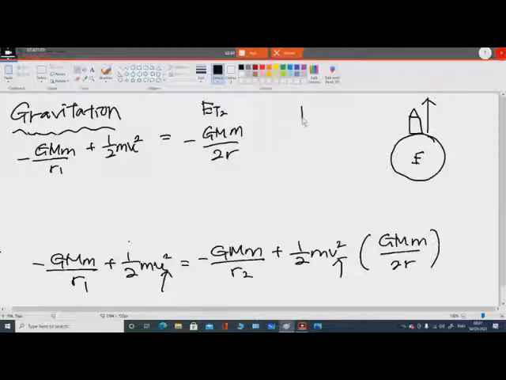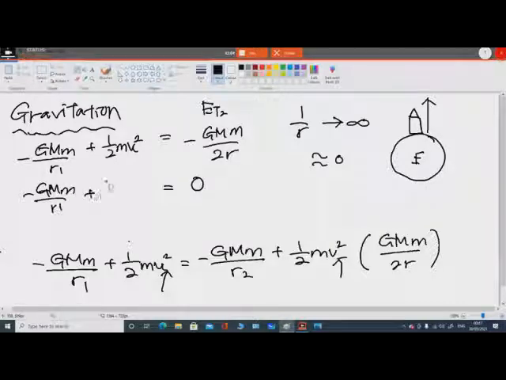As 1 over R approaches infinity, what we get is approximately equal to 0. So this gives us 0 equals negative GMm over R1 plus half mu squared.